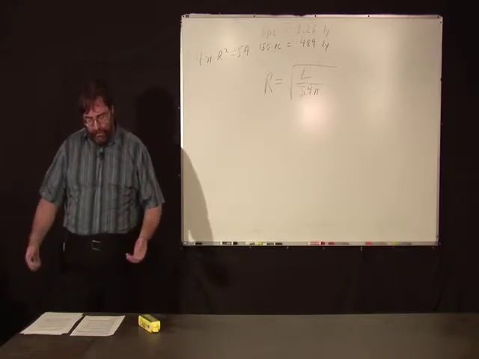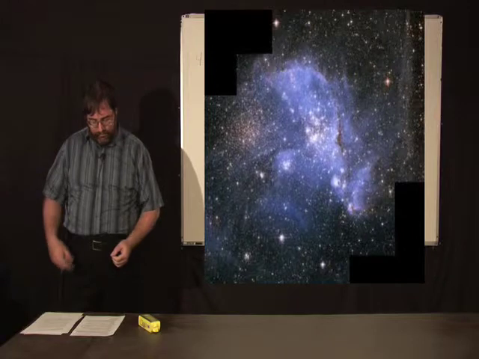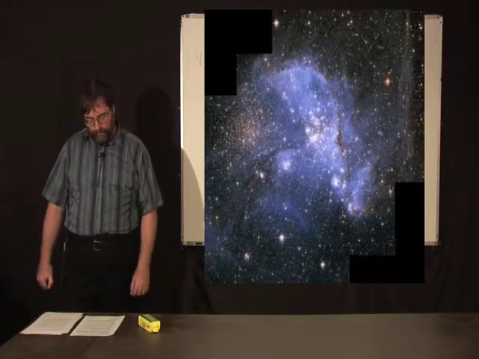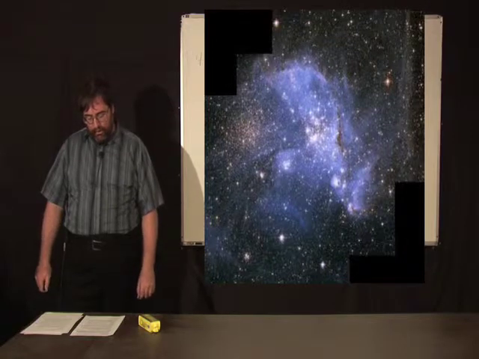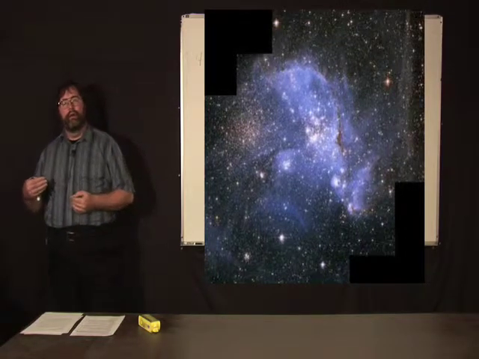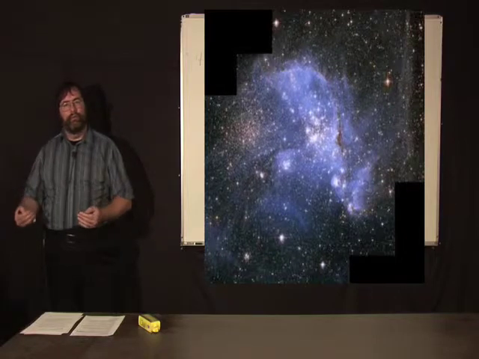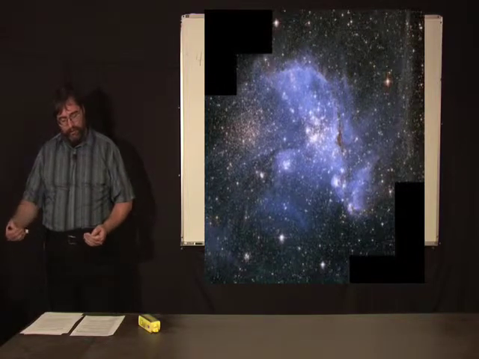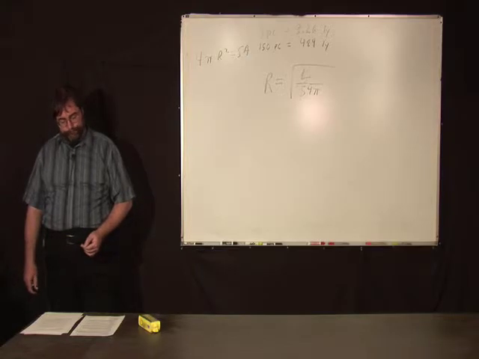Okay, the Small Magellanic Cloud turns out to be 61,000 parsecs, or about 197,000 light years. And again, that shows that the universe is at least 197,000 years old.